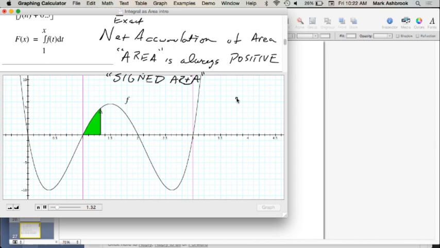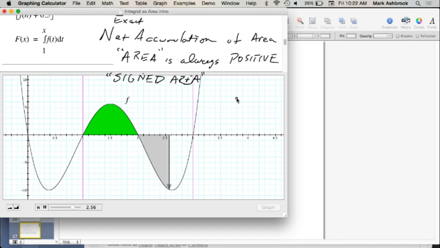We just have the net accumulation of the function, which is our rate of change. That's signed area. And anytime that function goes negative, the current accumulation will have a negative contribution to that function capital F. Is there a question over here? So capital F of 3, you told me, greater than 0 or less than 0?